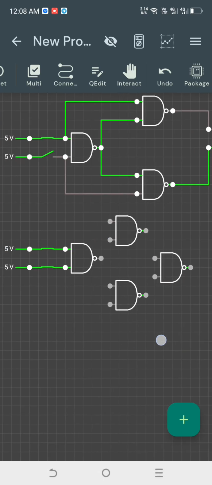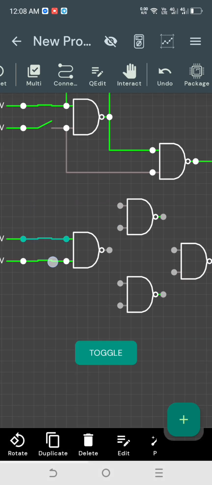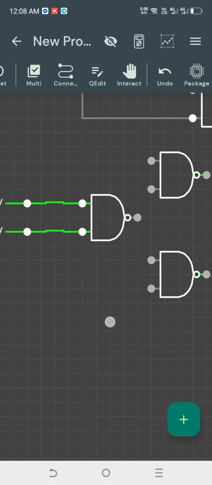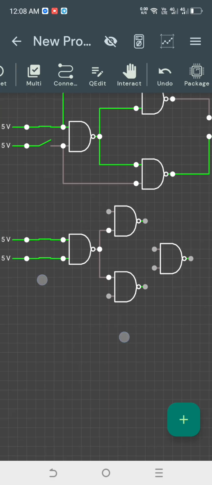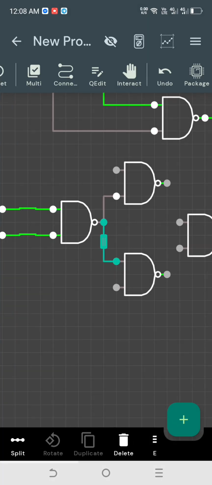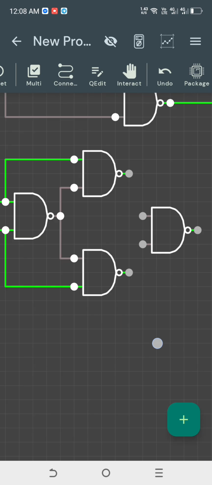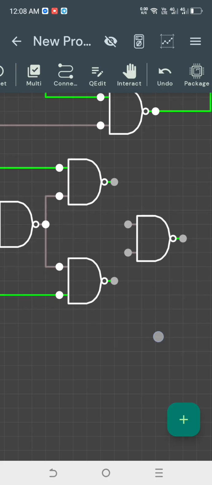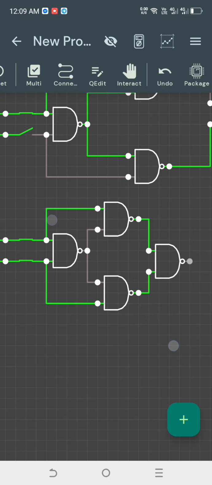So for this one, if I connect 1 and 1, both inputs are 1, so the output is 0. Let's see. See, it's 0 because the line is not working, it's not green. Next is this one. Now here we have 1 0 and 0 1, so the output will always be 1 because at least one of them is 1.